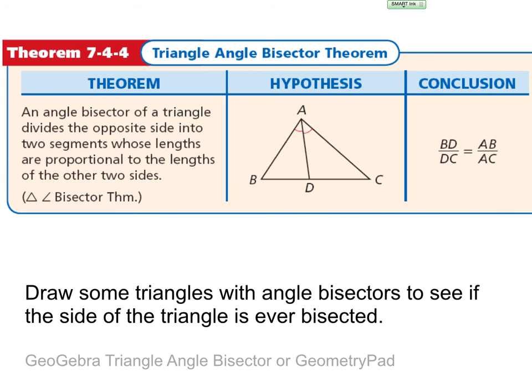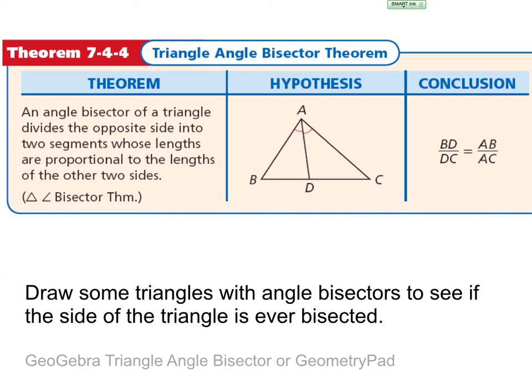I think we have one more. The triangle angle bisector theorem. This says an angle bisector of a triangle divides the opposite side into two segments whose lengths are proportional to the lengths of the other two sides, which sounds kind of confusing.